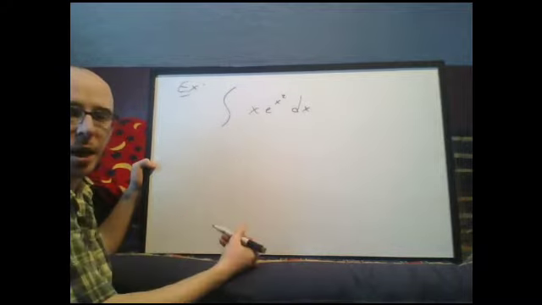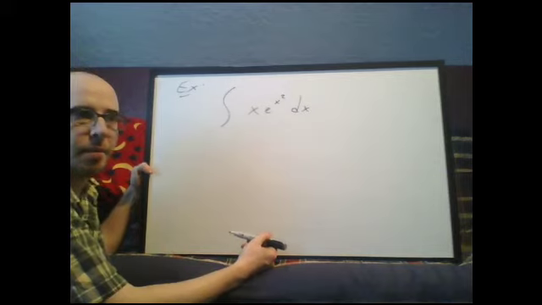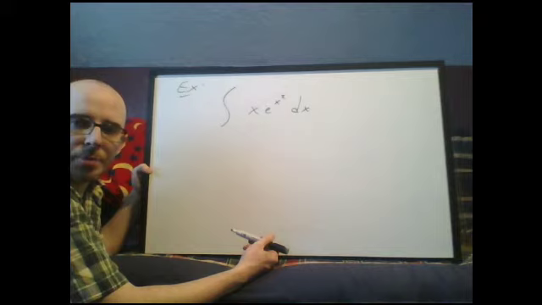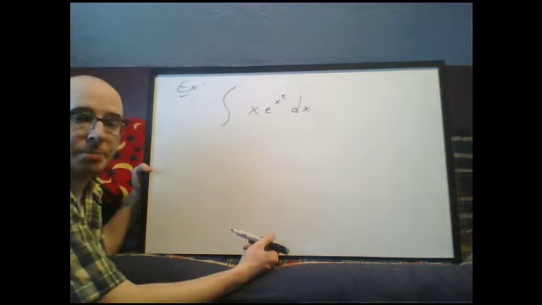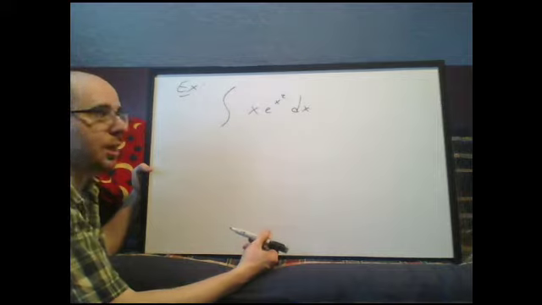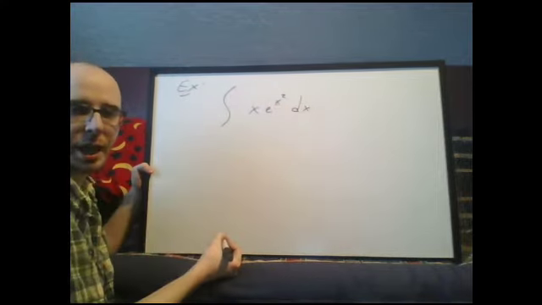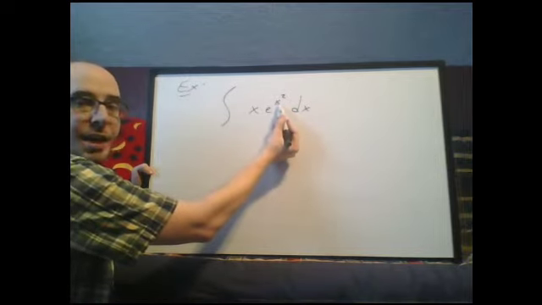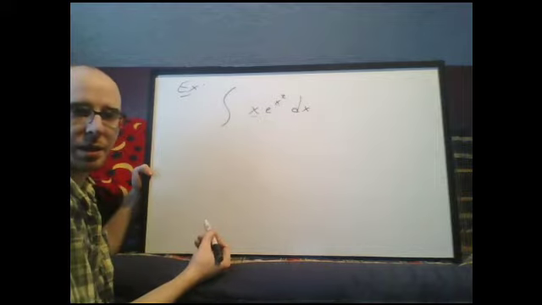This is a product, x times e to the x squared. It looks like a couple of the problems from this video, but this is not an integration by parts problem because what we also have is an inside function, e to the x squared. So x squared is an inside function, and its derivative is 2x. And we've got an x there.